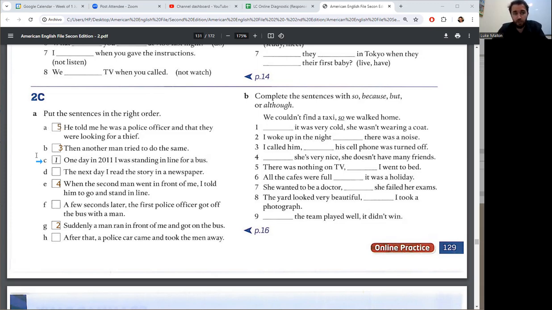He told me he was a police officer and they were looking for a thief. A few seconds later, the first police officer got off the bus with a man. After that, a police car came and took the men away. The next day, I read the story in a newspaper.